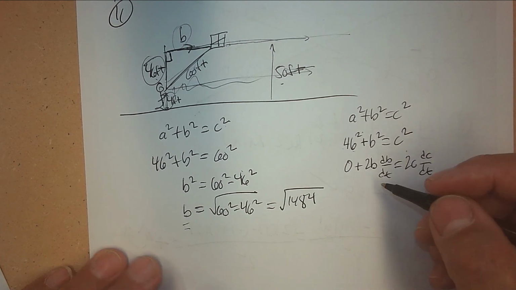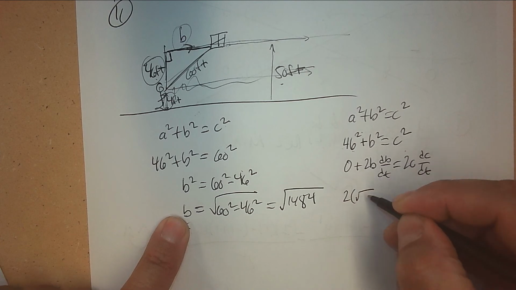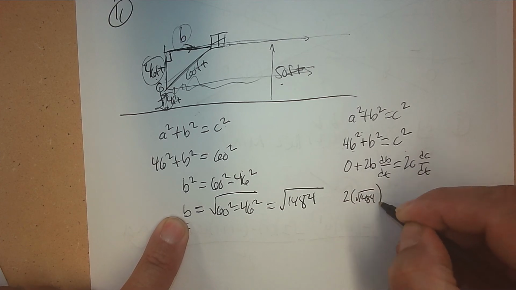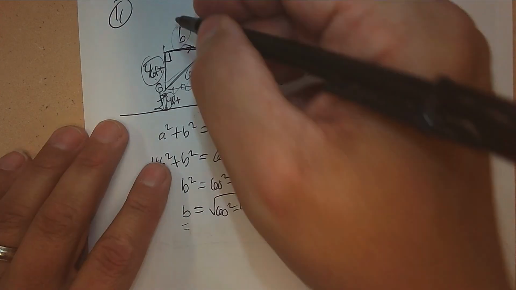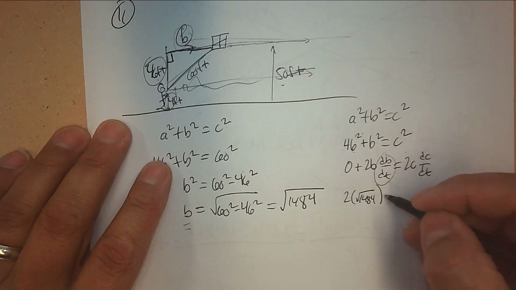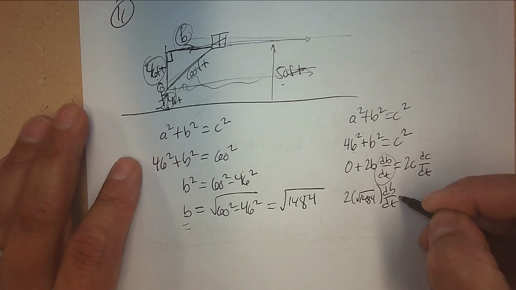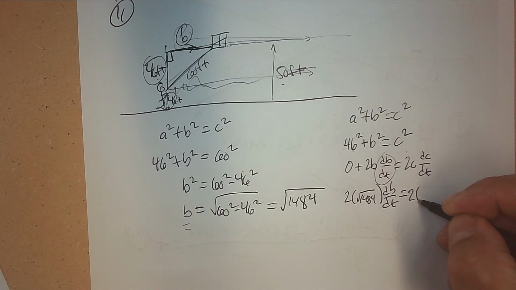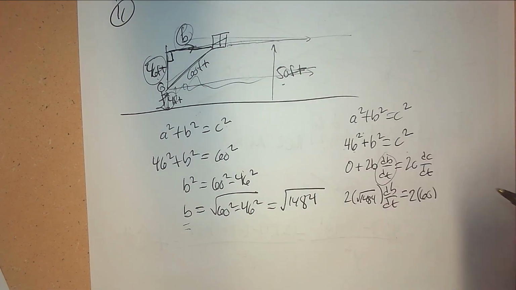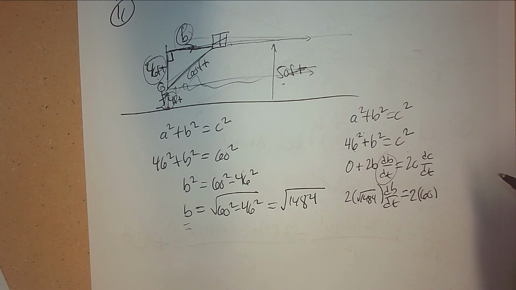Now I'm going to plug in. So b is root 1484. db by dt, that's the kite moving. That is actually my unknown. At what rate is the kite moving? That's db by dt. The c is 60. The rate the string is moving out at, that's in the problem. It says 3 feet per second.